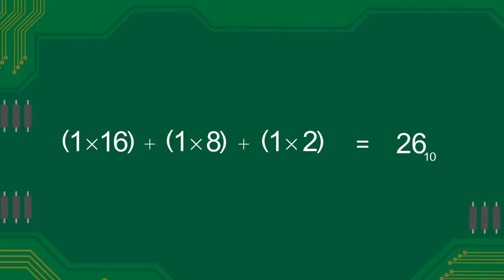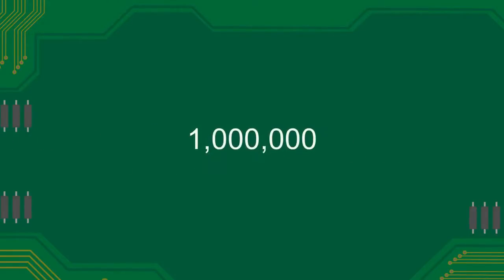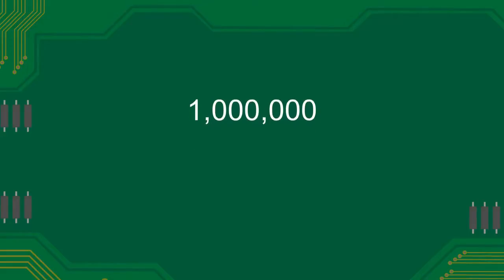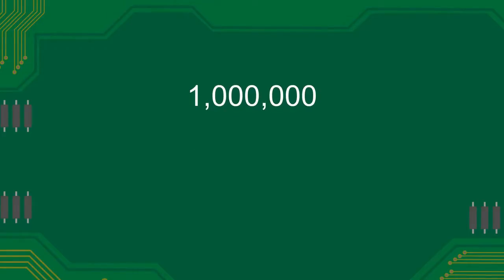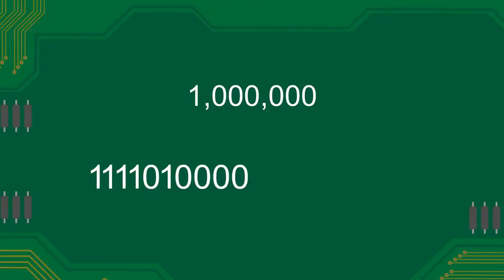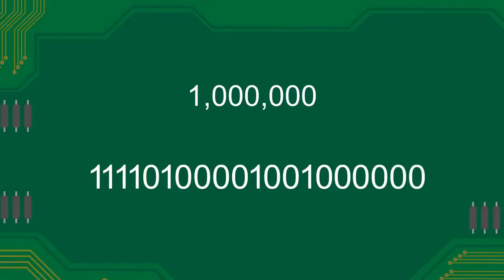Even though digital computers store numbers in binary, it can be quite tedious to write down or remember large binary numbers. For instance, the number 1 million in binary is 1111010100010000000.